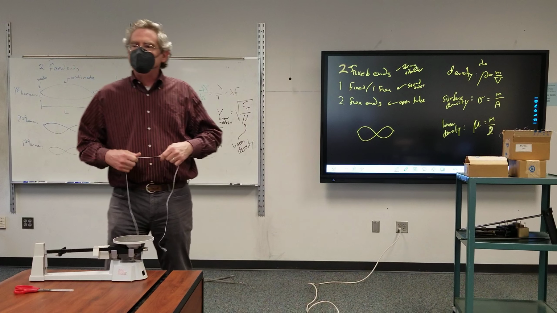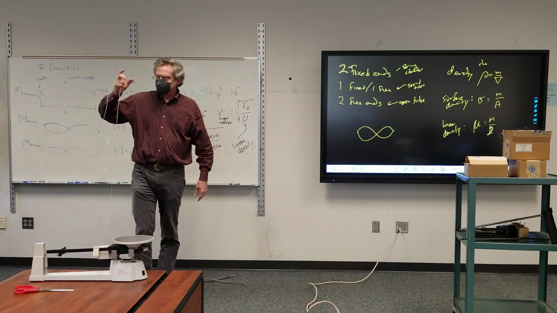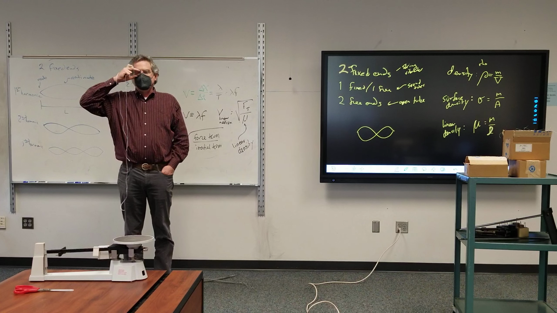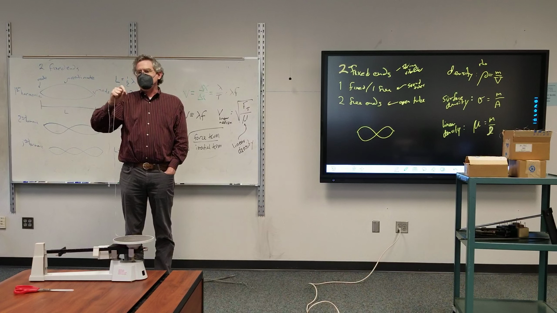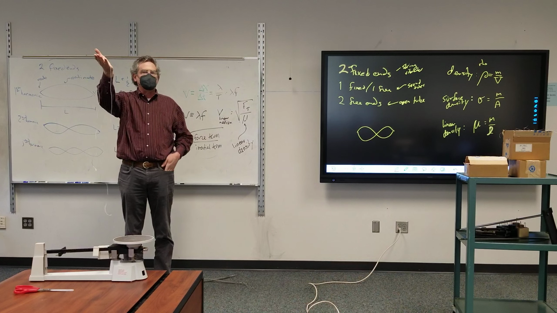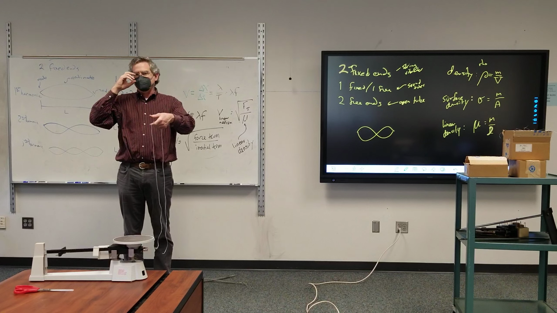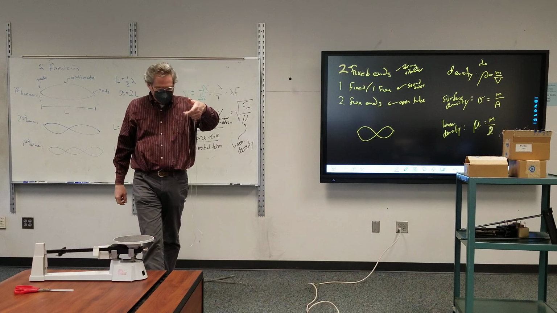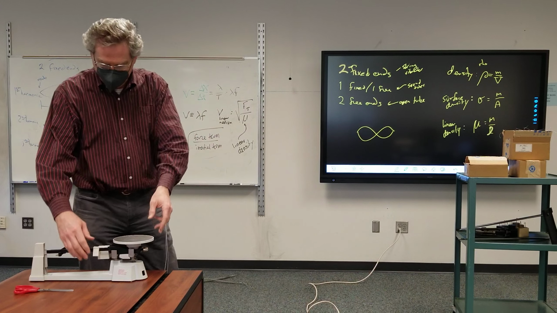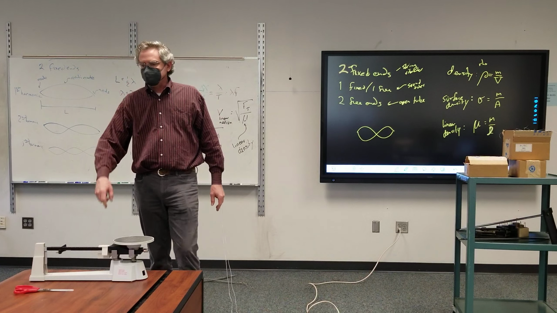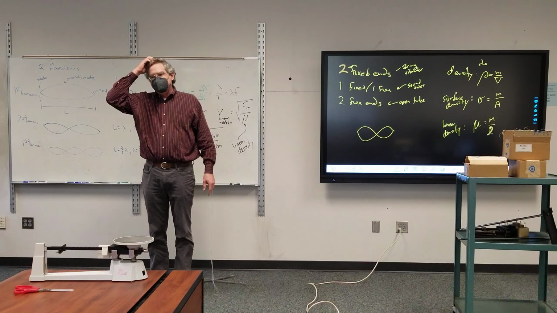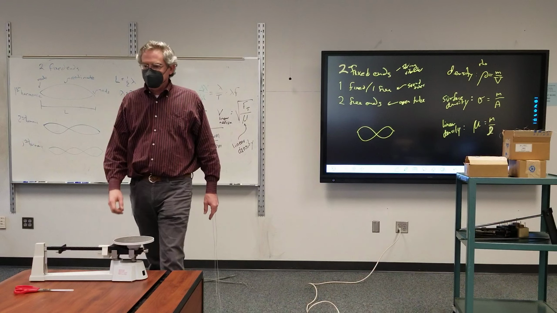Now, I've had students do this lab quite a bit, and I noticed that a big issue comes in finding the mass, because the mass is so little here that if you're a little bit off, it can have dramatic consequences. So first, is it on 0 when I first begin? It's not.